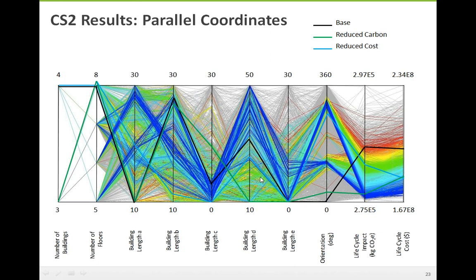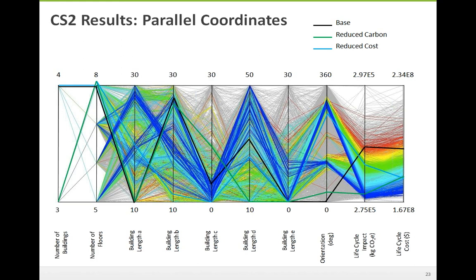Each of these axes has a range of possible designs in terms of minimum building length, maximum building length. The idea here is that you can trace any design through all of these axes, and I've colored them according to how well they satisfy the 2 objectives, life cycle impact and life cycle cost.